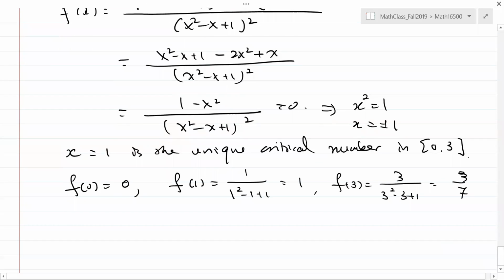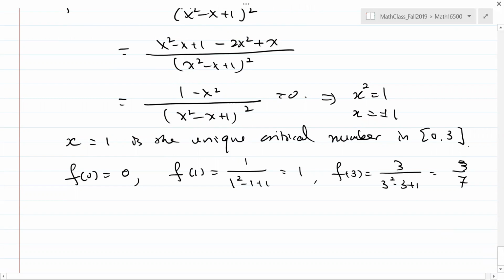All you have to do is compare those 3 values. And it's obvious this is the absolute minimum value. And which one is the absolute maximum value? This one is the absolute maximum value.